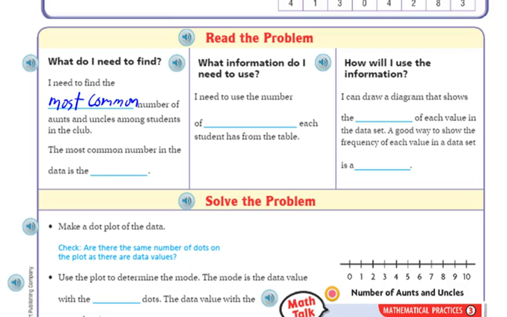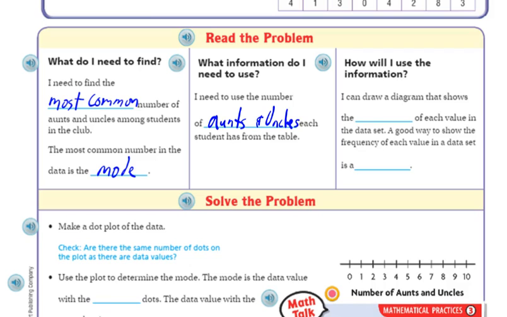The most common number in the data set is also referred to as the mode, something we've already discussed. What information do I need to use? I need to use the number of aunts and uncles each student has from the table.